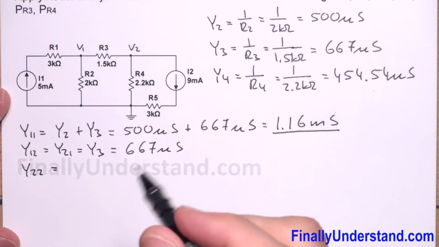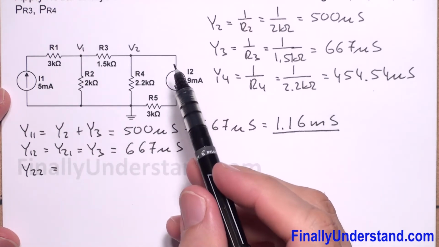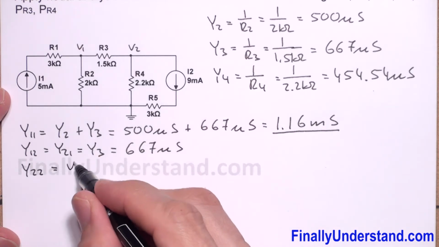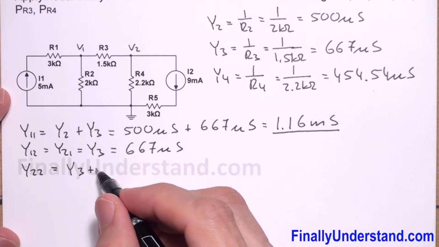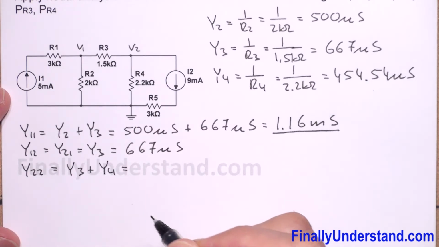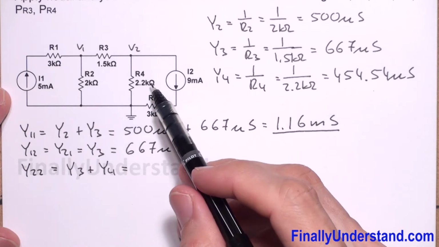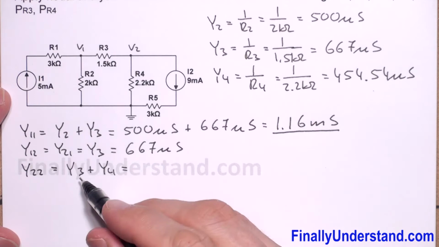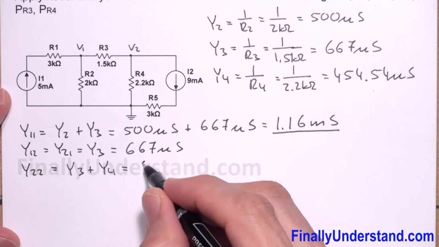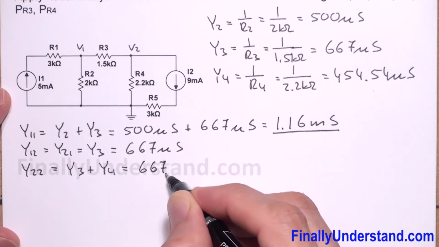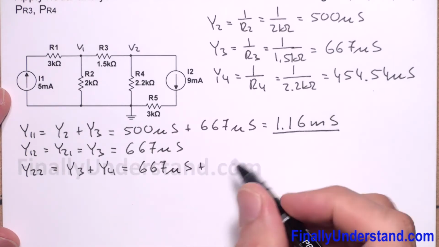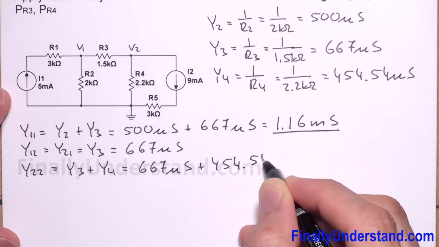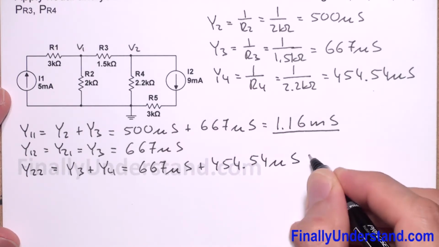Next, I'm supposed to find Y22. This is the sum of the admittances connected to node 2. So I have Y3 plus Y4. Keep in mind that anytime I say admittance, this is the same thing as conductance. So we have Y3 equal to 667 microsiemens plus Y4, which is 454.54 microsiemens.